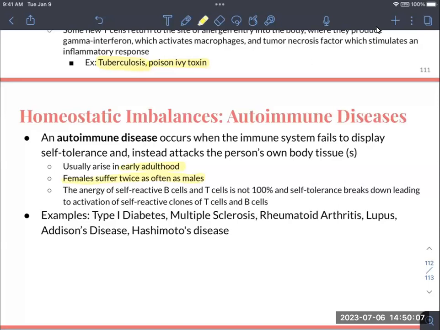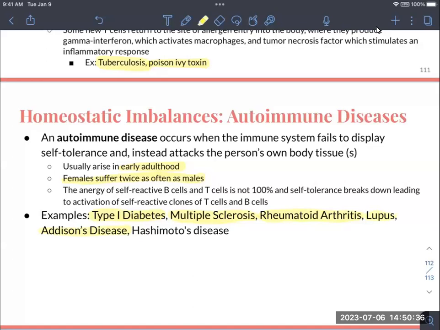So that's where type 1 diabetes, multiple sclerosis, where your immune system attacks that insulation on your neurons, whether it's those oligodendrocytes or those Schwann cells. Rheumatoid arthritis, your immune system is attacking your synovial joints. Addison's disease, that's where your immune system is attacking your adrenal glands.